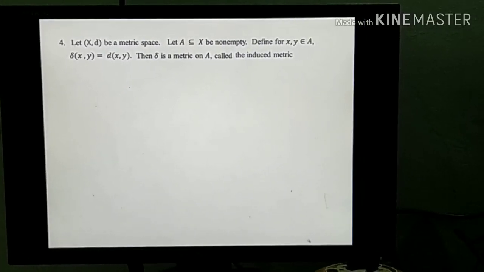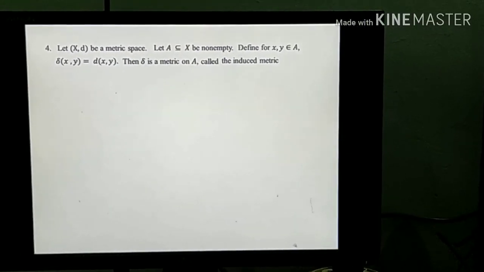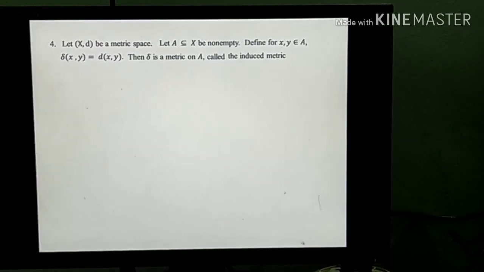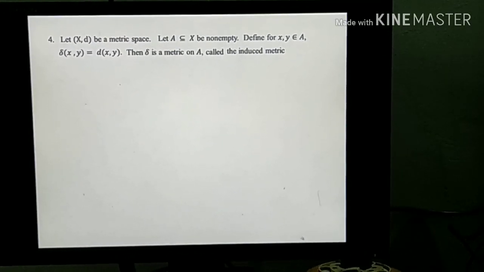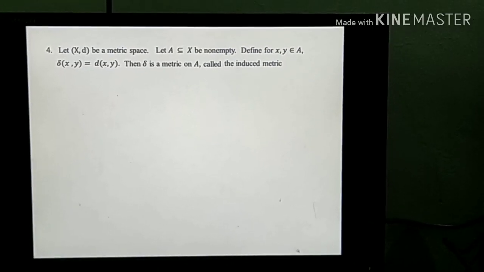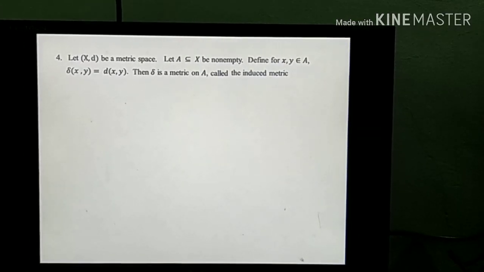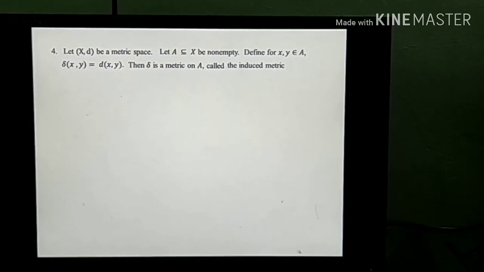Whenever there is a metric on a superset, and if we restrict it to its subset, it is called an induced metric. Now it still remains to show that delta satisfies all the four properties of a metric.